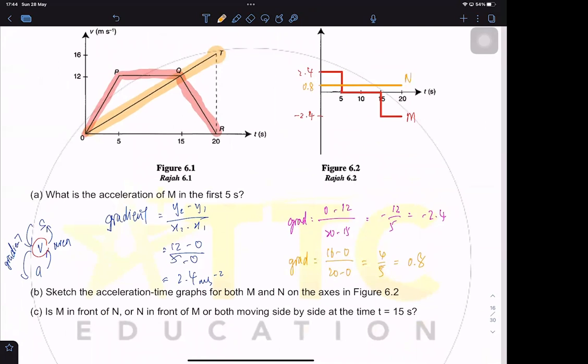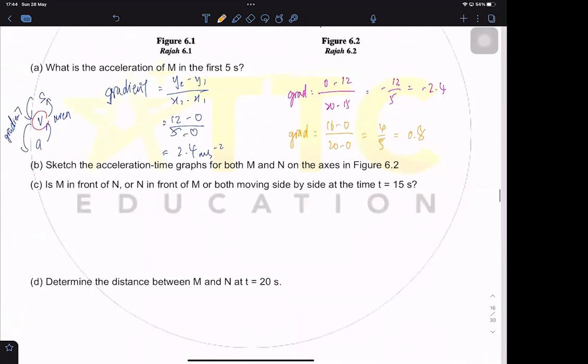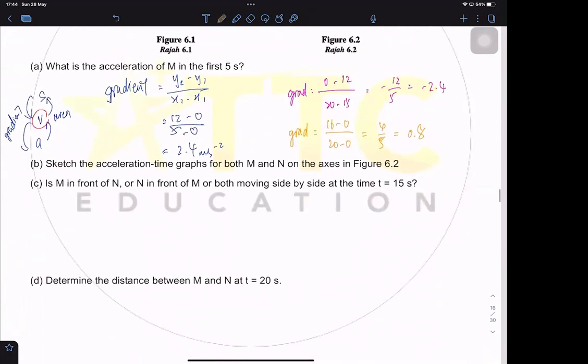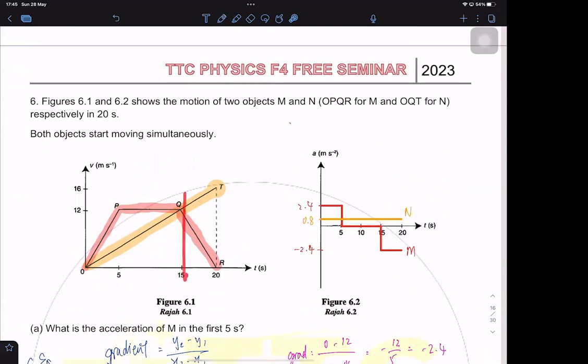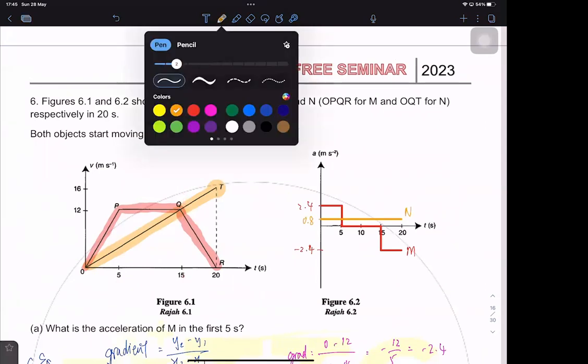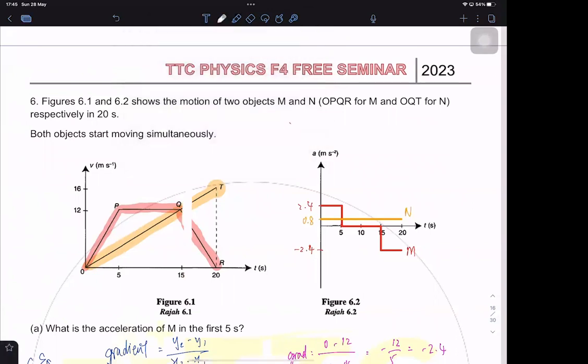Next one. Is M, Malaysia, in front of Norway, or Norway in front of Malaysia, or both moving side by side when the time t is equal to 15 seconds? At this point, I don't really care about what happens after, so we can cover up what happens after.